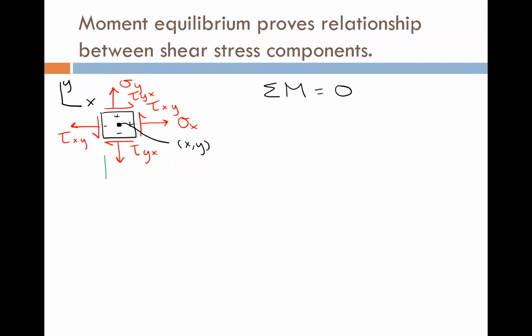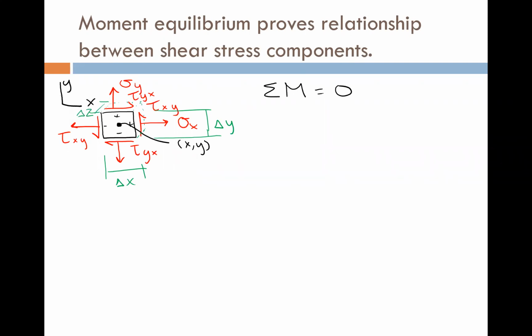So we will say that this dimension is delta x, this one here, delta y. And then what we can't see in a 2D image is the idea that there is depth to this cube. So if there's depth, that would then become delta z.